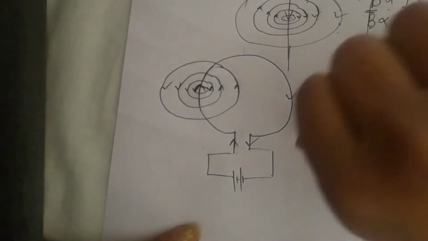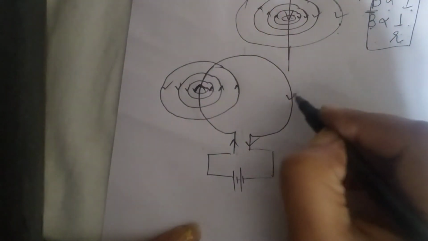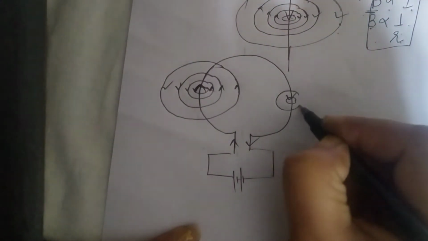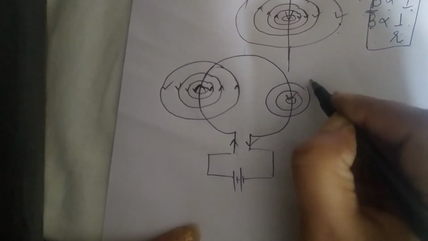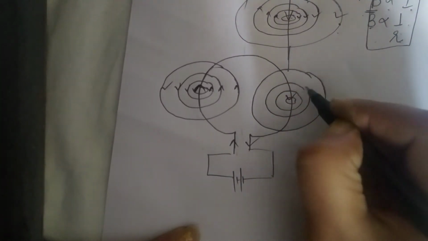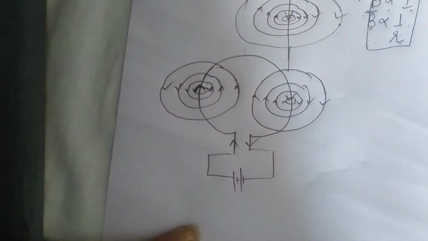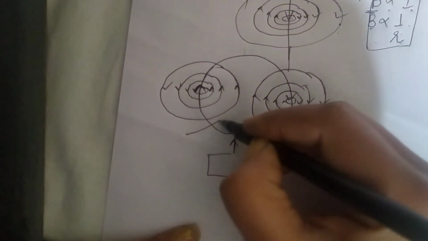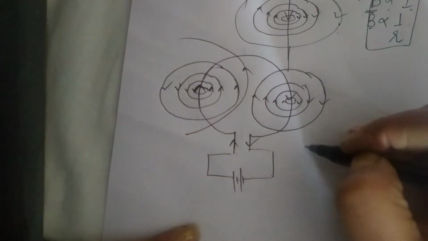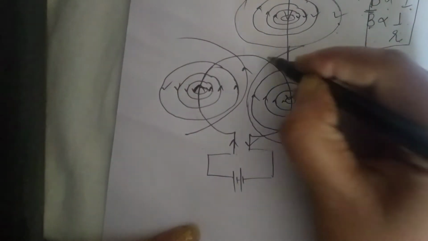Now here current is downward, so they are clockwise like this. So again circles, but as we move away, the distance has increased. Inside, there will be bigger circles. I am having less space here, that is why I am drawing like this.